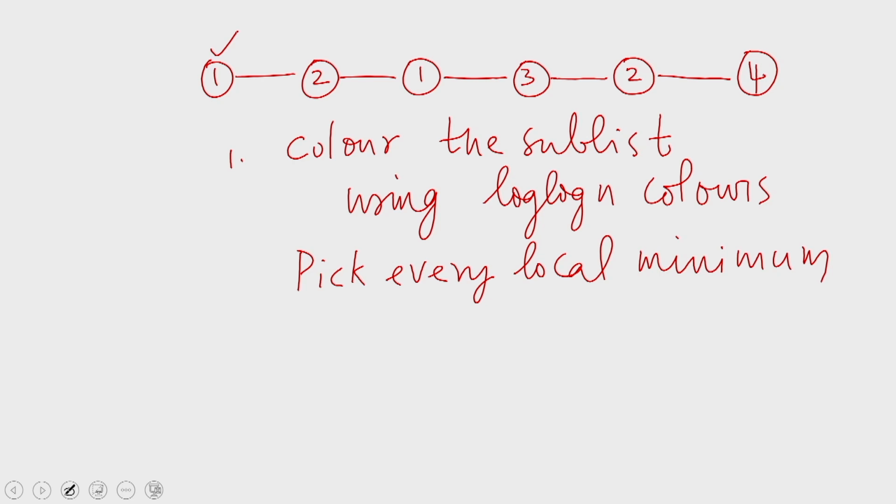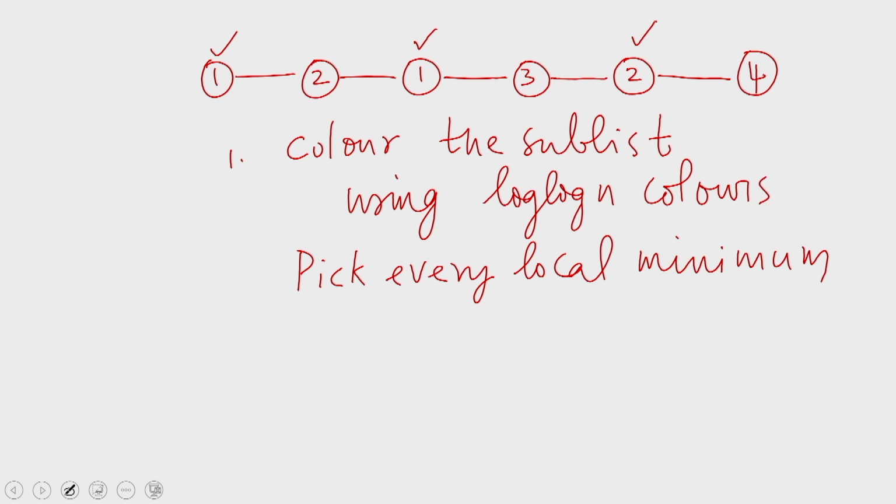This node is a local minimum because it has a neighbor of color 2, but it does not have a neighbor of color less than 1. This node is also a local minimum because it has 2 neighbors of colors 2 and 3. It does not have any neighbor of smaller color. And this node is also a local minimum because it has 2 neighbors with colors larger than 2 and it does not have a neighbor of color less than 2.